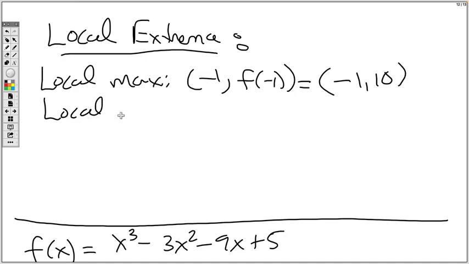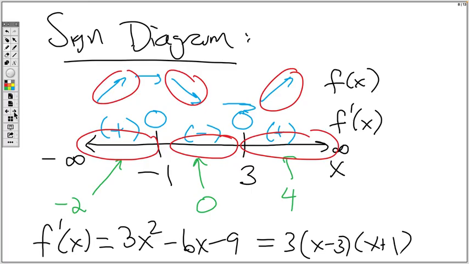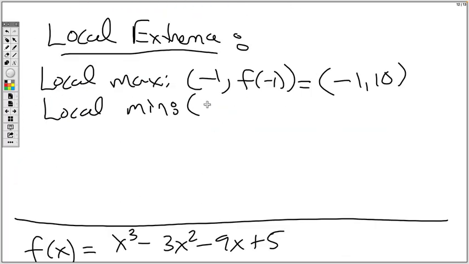And then we also had a local min at 3, comma f of 3. So you plug in the 3 there. 3 cubed gives you 27. 3 squared gives you 9, times 3 gives you 27.